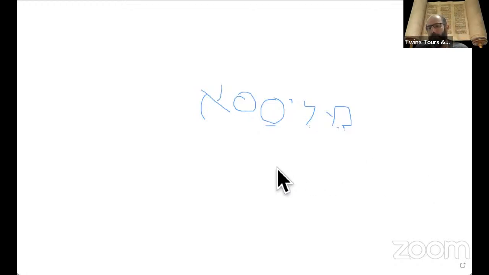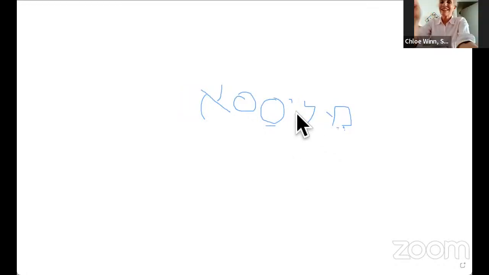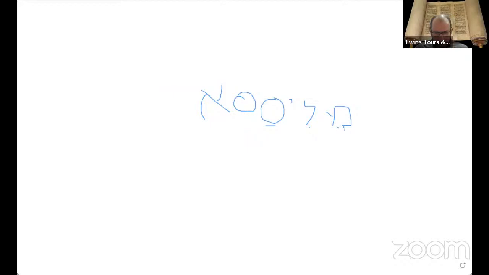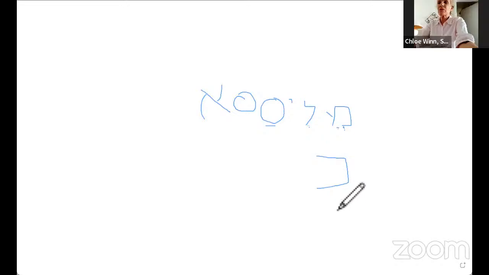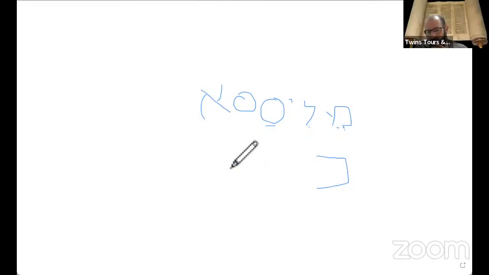Did you see mine? Did you share it? Yeah, I sent it to you by email. It's Chloe. Yes, Chloe. And I had a question. What was the difference between Kuf and Kaf? Okay, Chloe. Kuf and Kaf. This is Kaf in Hebrew. But they're pronounced the same. No, it's different letters. And this is the Kuf.